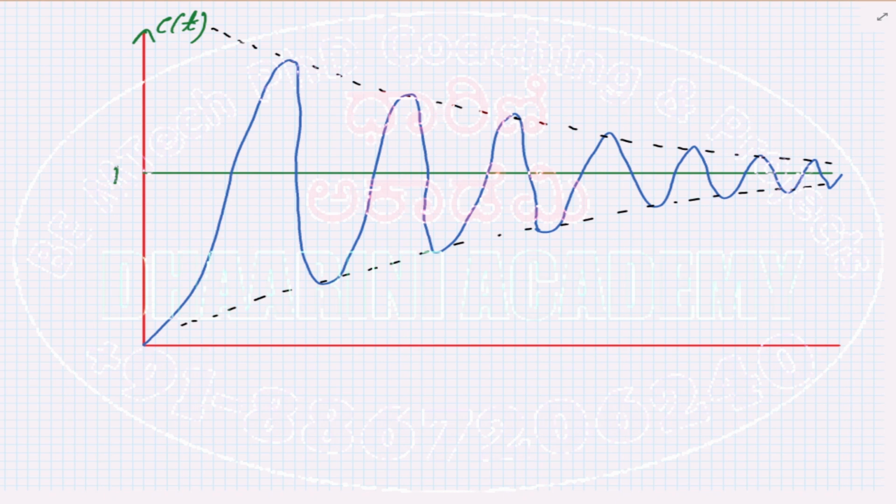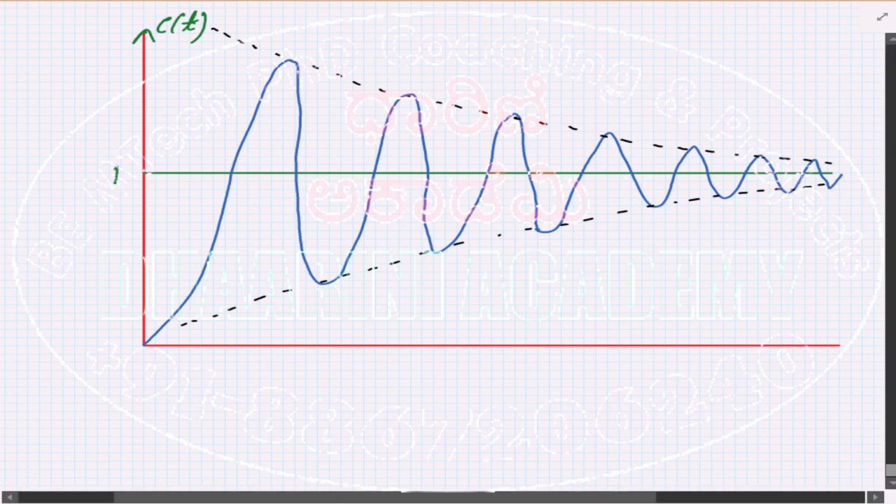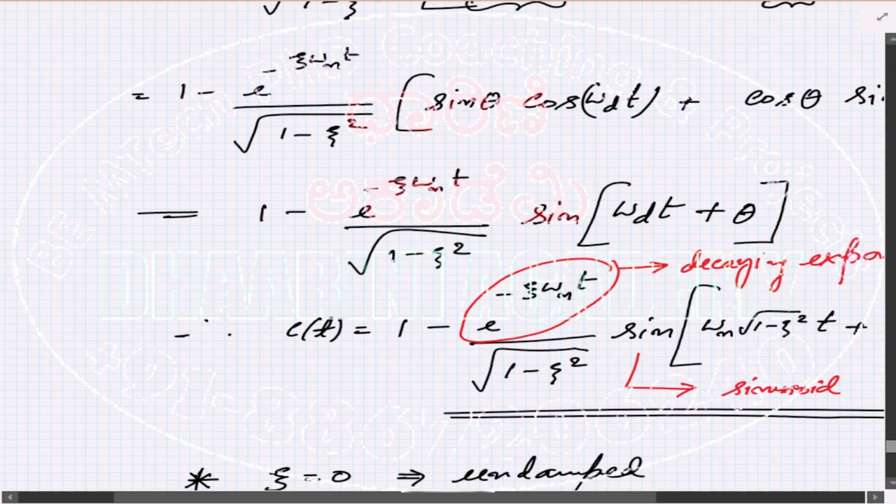Because of those reasons, we said they are not acceptable. So my next question now is, is this acceptable? For that, once again, I need to check the equation. Only when you check the equation can you say.